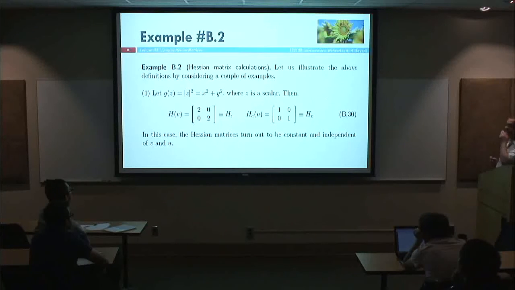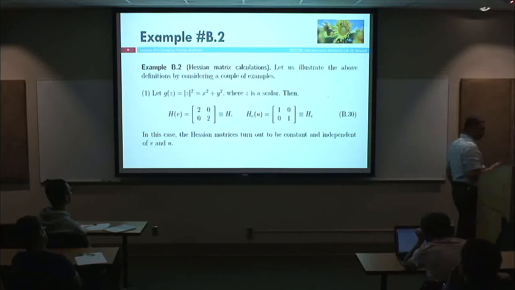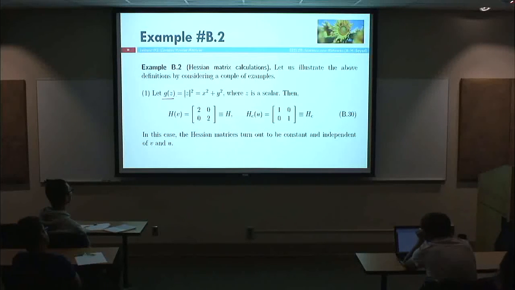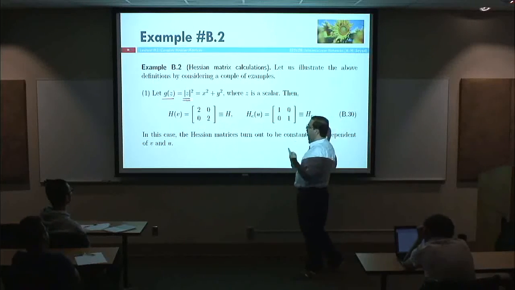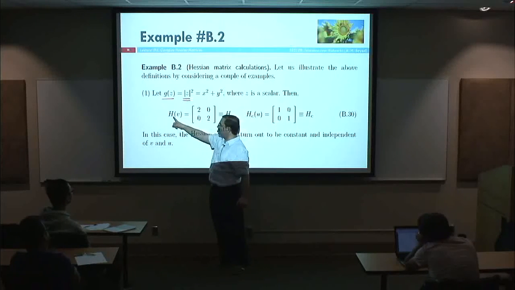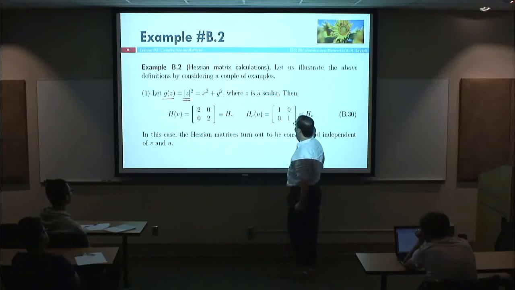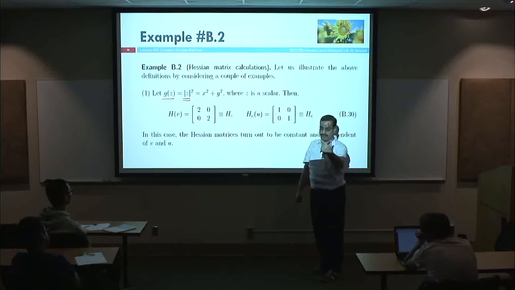So let's do an example. Let's take g of z, this is real, okay? x squared plus y squared. Now remember, what would be the size of the Hessian matrix here? z is a scalar, so it will be... z is complex and scalar, so it's 2 by 2.